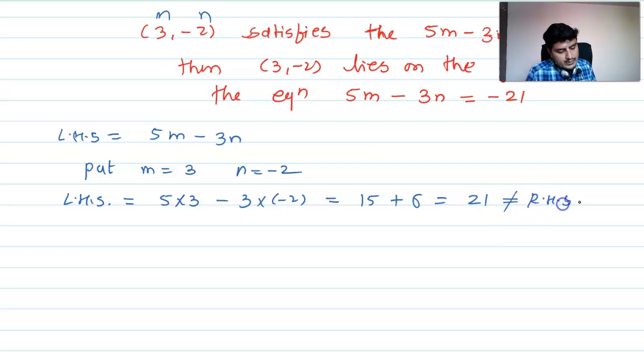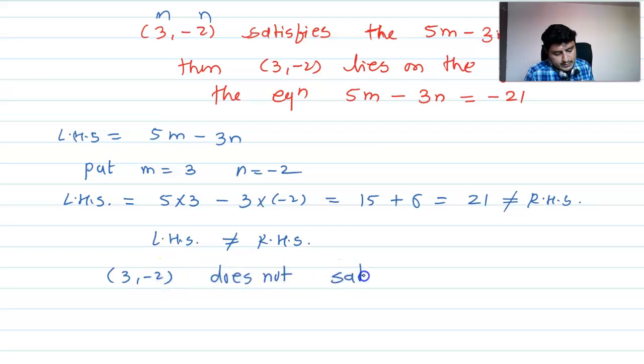Since the LHS is not equal to the RHS, we can say that (3, minus 2) does not satisfy the given equation. And once it does not satisfy the given equation, we can say that the given point (3, minus 2) does not lie on the graph of 5m minus 3n equals minus 21.